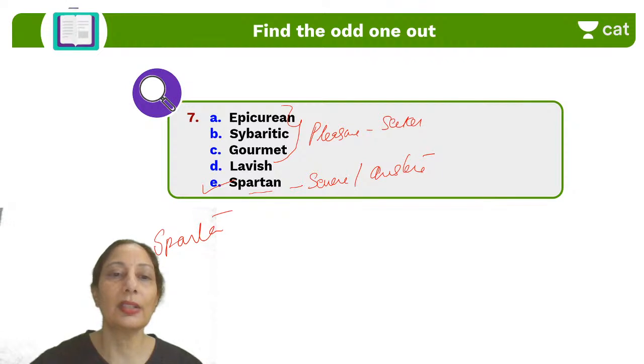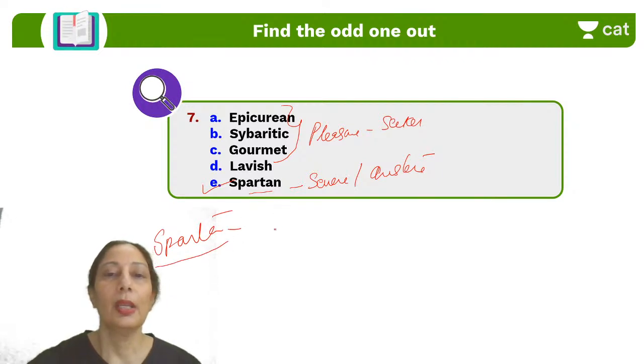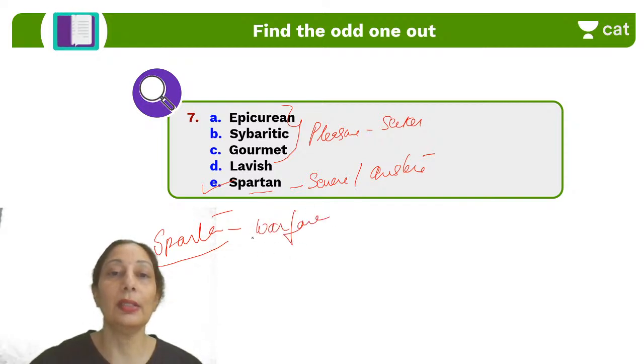In ancient Greece, there was a state called Sparta where people were most of their time involved in warfare, right? So it was more like an army life. So there was no time for merrymaking, no time for partying. So that is known as a Spartan lifestyle.